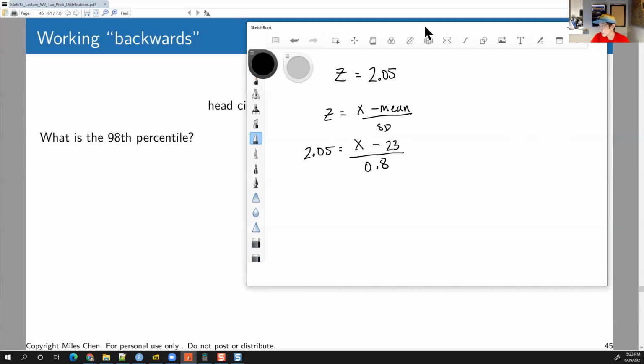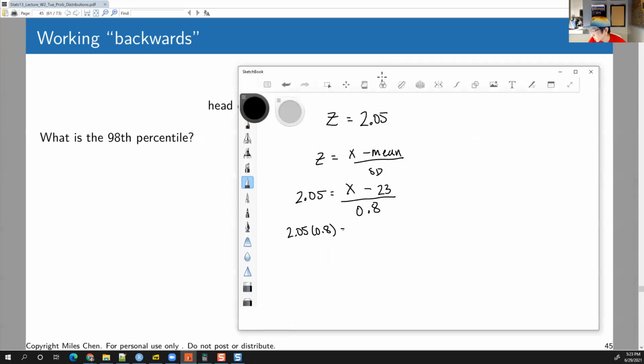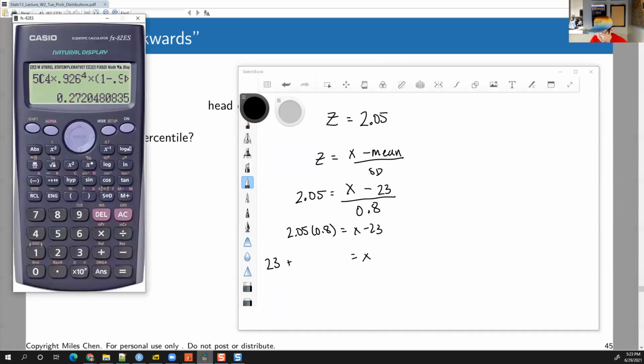Now it's just a matter of solving for x. So I'm going to go 2.05 times 0.8, which is 1.64, is equal to x minus 23. I add 23, so x is equal to 23 plus 1.64.